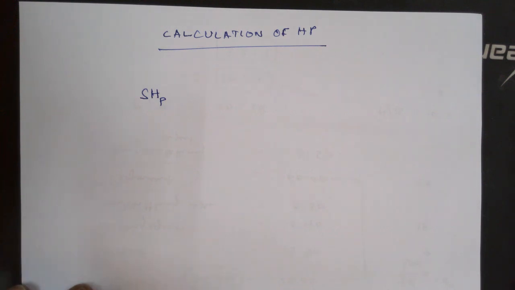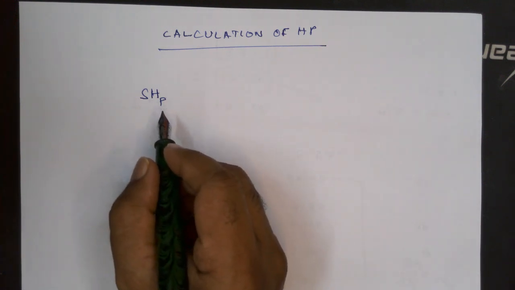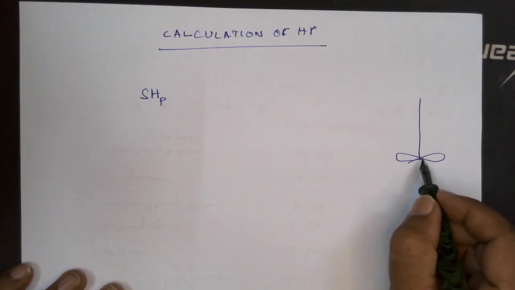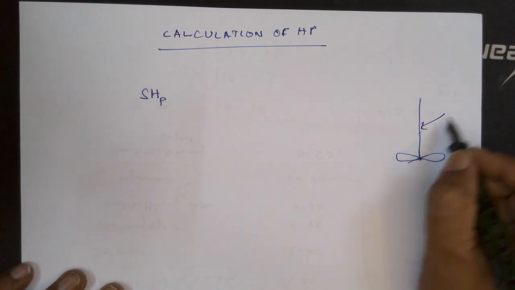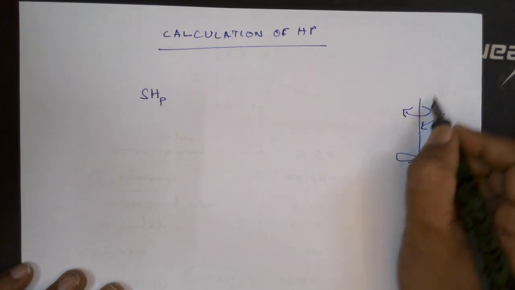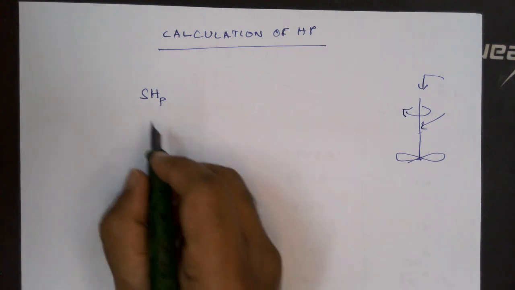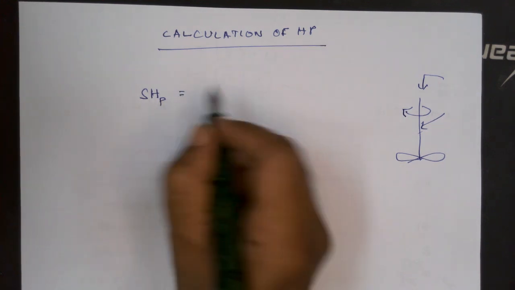Impeller means you have got the mixer, and we need to find what horsepower is required here. In order to calculate this, we need certain parameters.